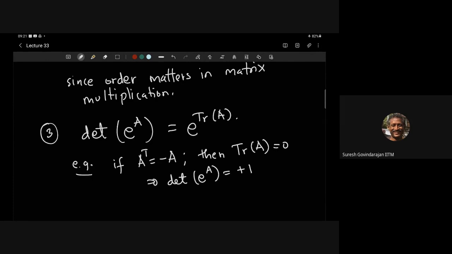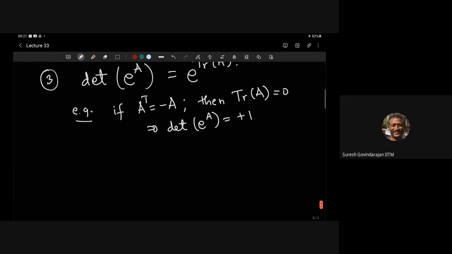That was one property which we had for a special orthogonal matrix. Now you can see why in O(N) we can never achieve determinant equal to minus 1. So O(N) will not work, SO(N) will work. Is this point clear? Any question, comment?